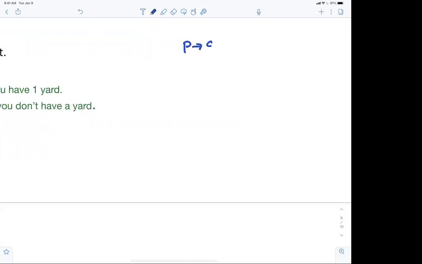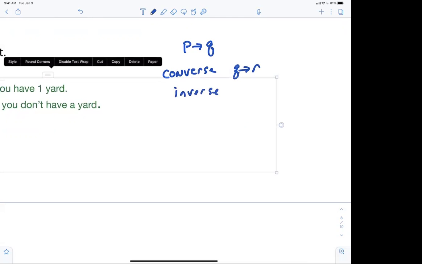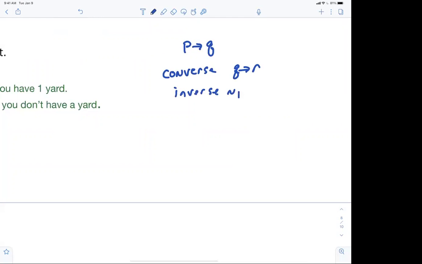If P then Q, that's the conditional. Converse is if Q then P. Inverse is if not P then not Q. Contrapositive is a combination.